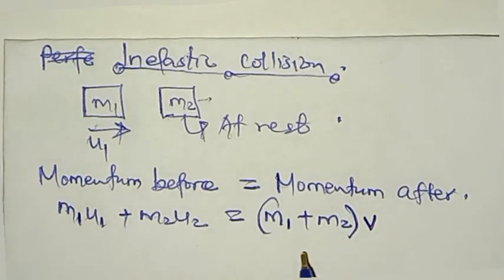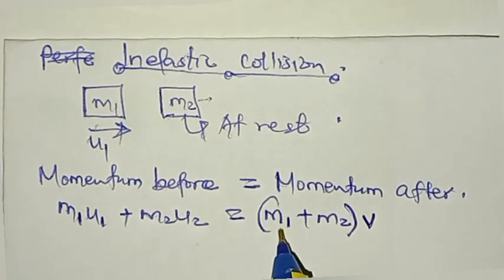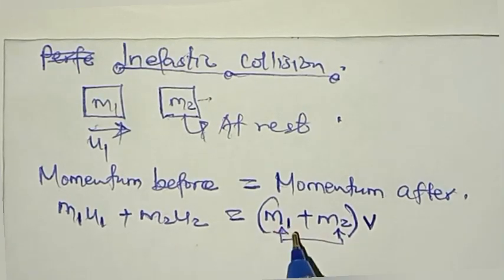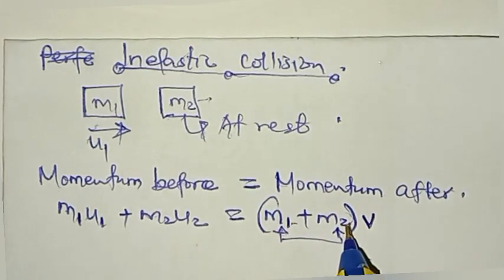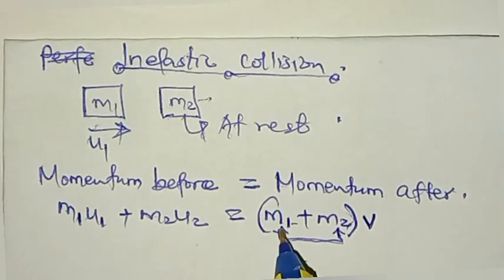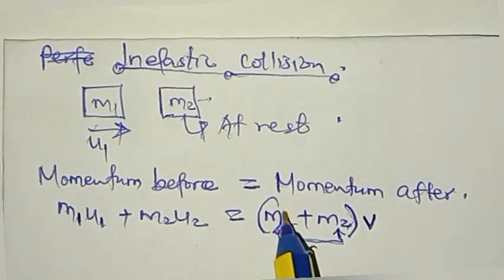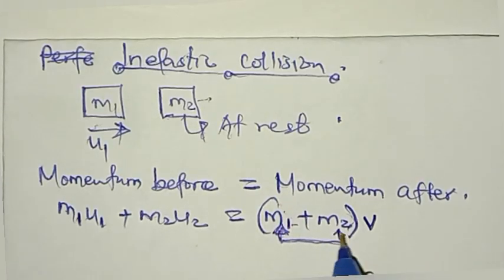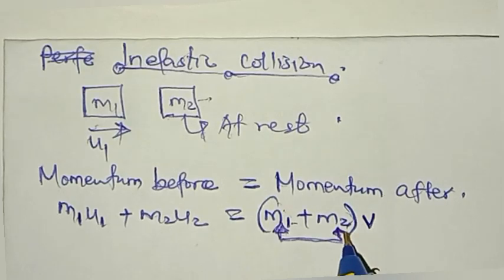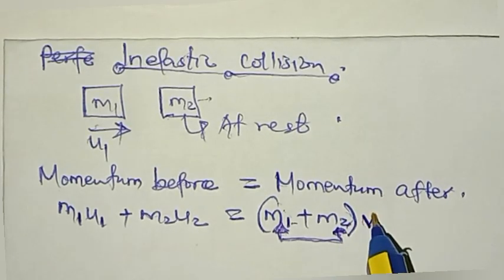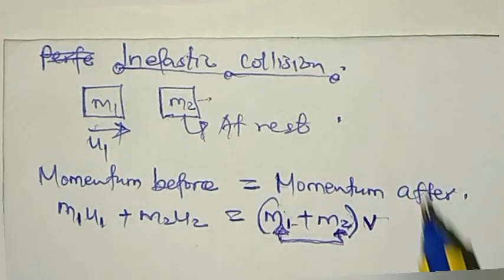This implies that after the bodies collide, they will retain their state of collision, that is, they will be in contact with one another. Mass 1 will be attached to mass 2, and after being attached, that system of masses will assume a common velocity v. That is what it implies.